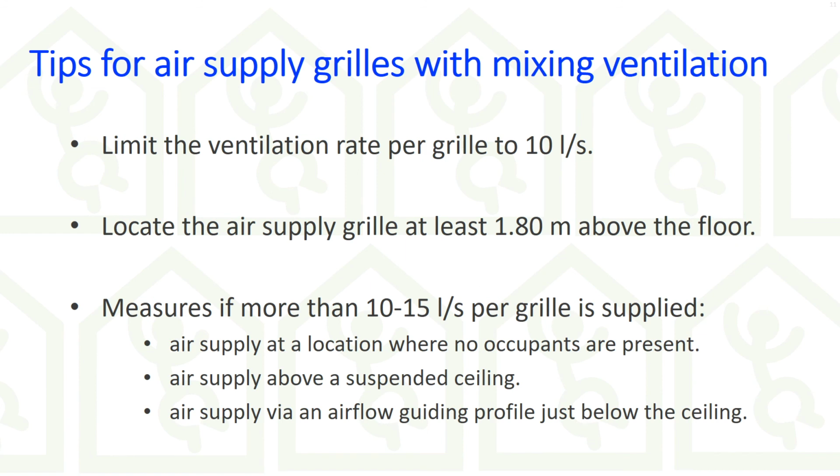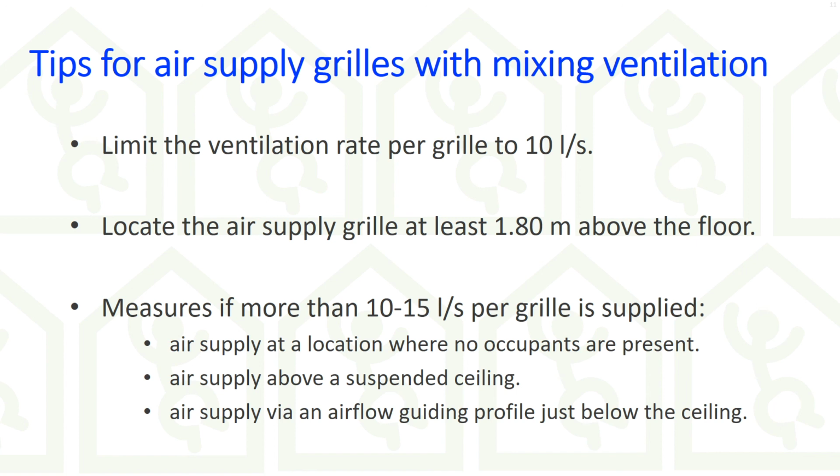Because it's beyond this course to exactly calculate which ventilation rate per grill is allowed, the following recommendations can be given in the case of mixing ventilation. First of all, limit the ventilation rate per grill to 10 liters per second. Second, locate the air supply grill as high as possible, but at least 1.80 meter above the floor.